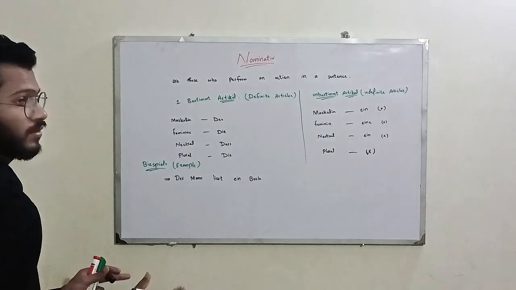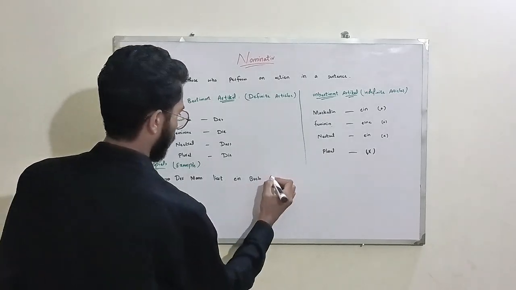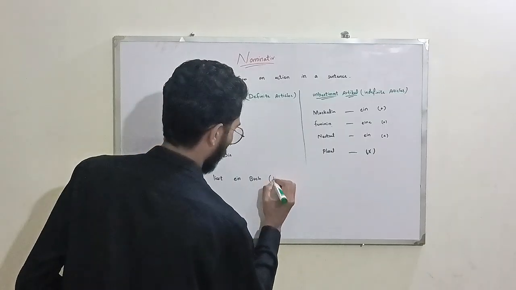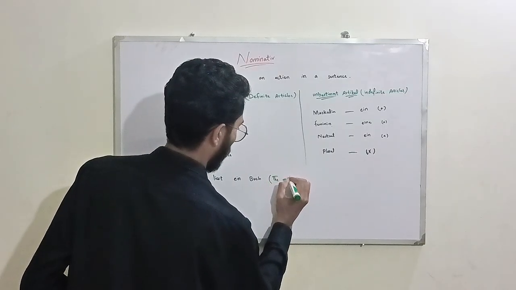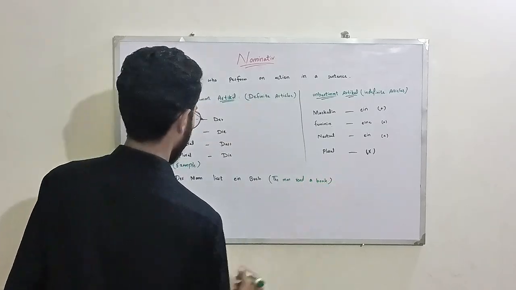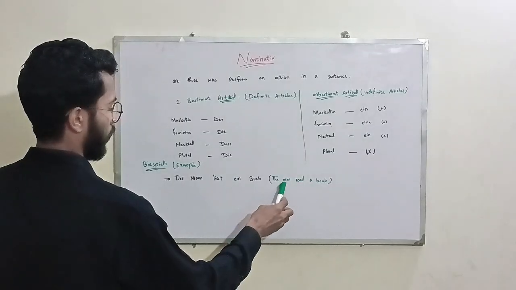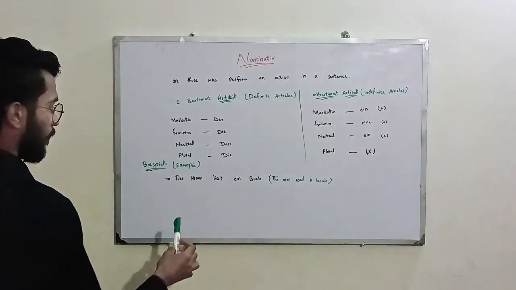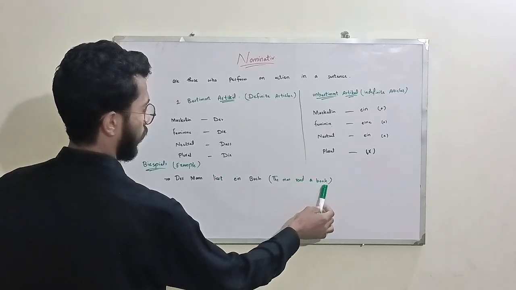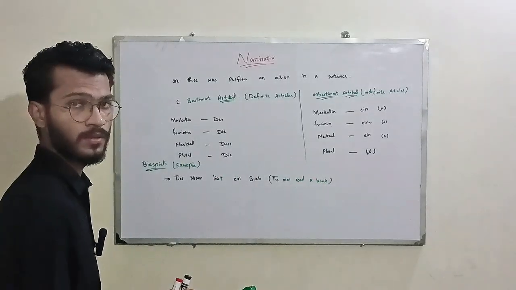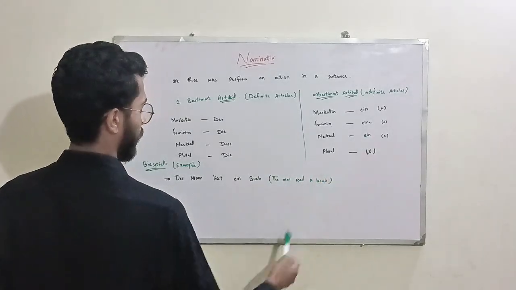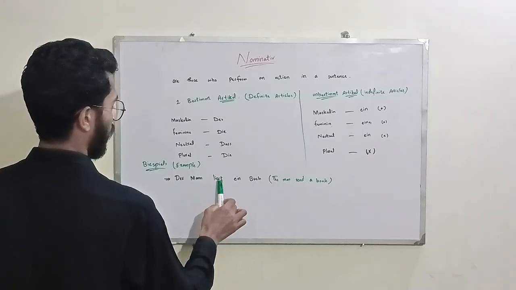Means the man reads a book. For man, we use the article der because it is masculine. And a book is neutral, so we use ein article. Der Mann liest ein Buch.